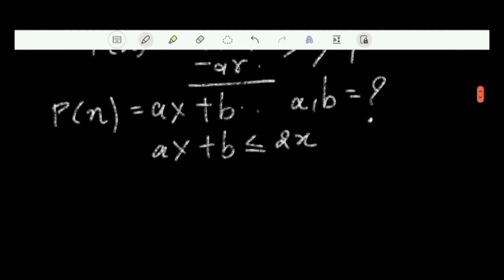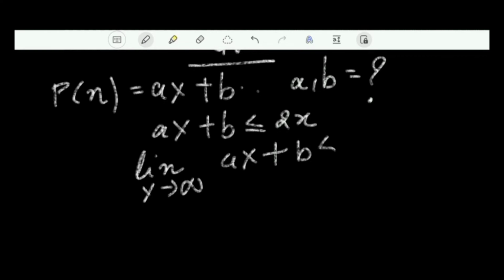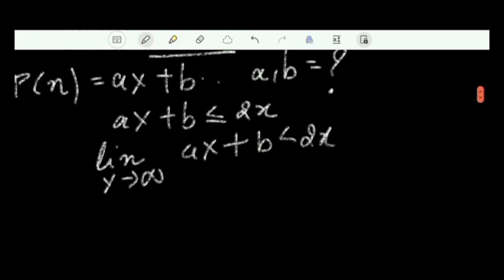And now I'm using the limit, as x tends to infinity, meaning x is a sufficiently large number, so ax plus b is smaller than 2x. So this inequality gets converted into strictly less than, because we are taking x sufficiently large.